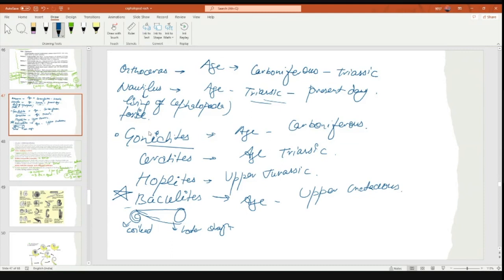And one more very much important, Turrilites, which is already asked. Okay, Turrilites, we already know these are the helical coiled. Okay, helical coiling, and age is Upper Cretaceous.